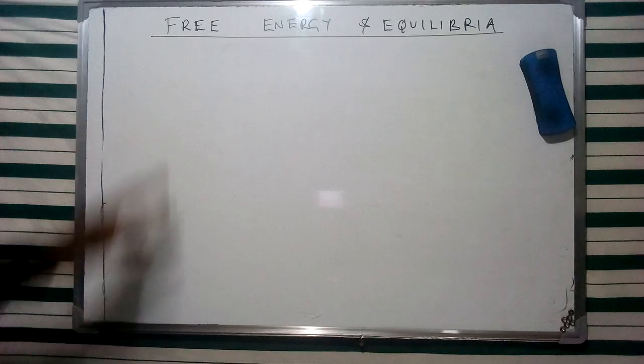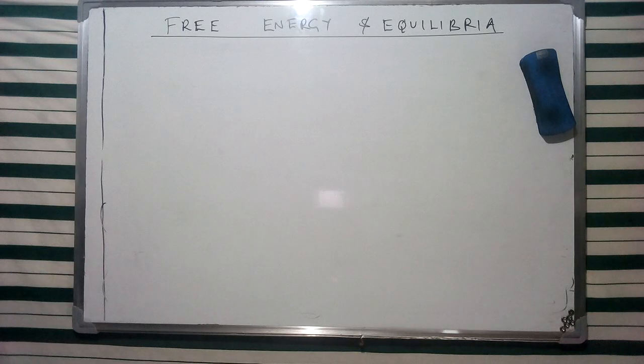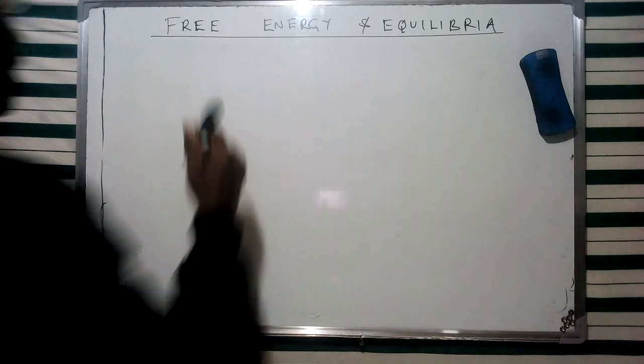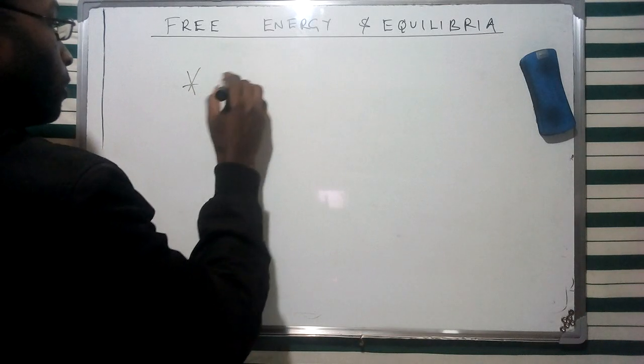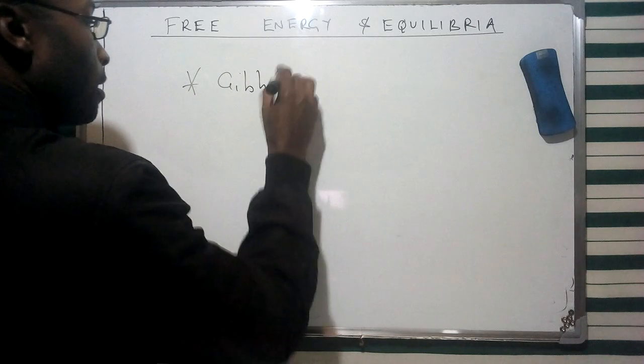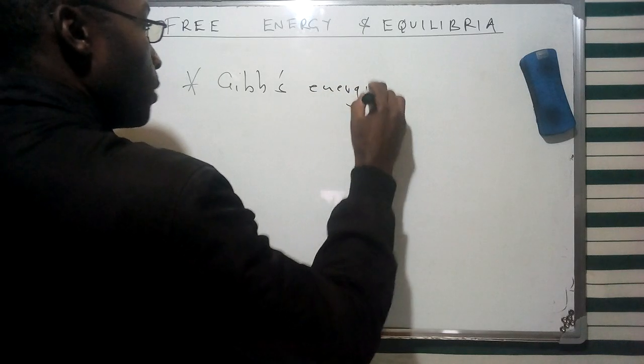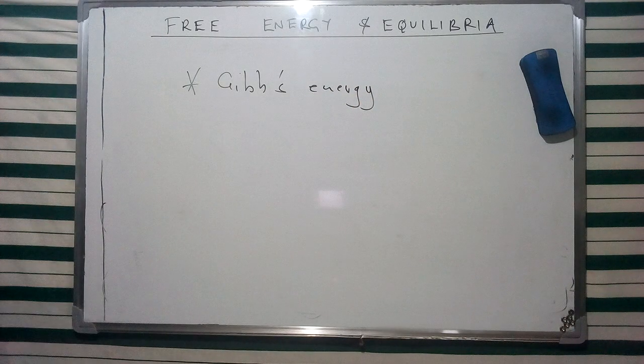Therefore, the concept of free energy is going to come into play, whereby we're going to involve the Gibbs free energy, which is another criterion that is going to be used to describe these specific changes on the position of equilibrium.